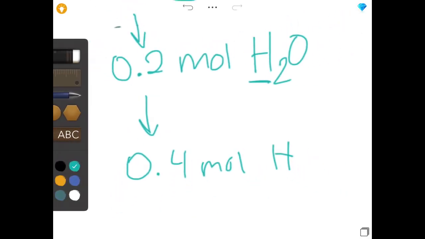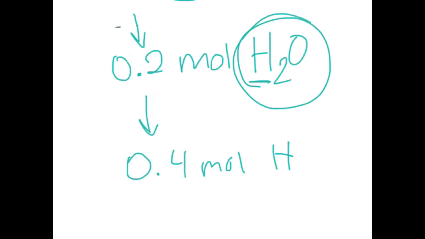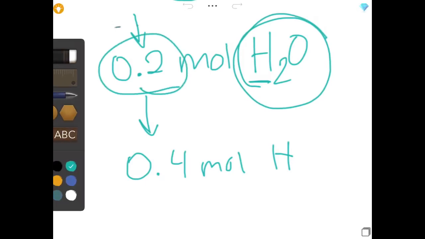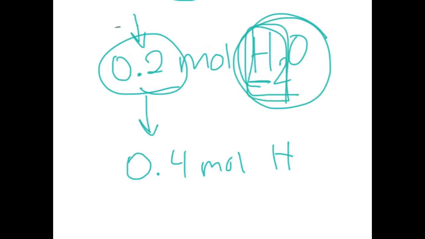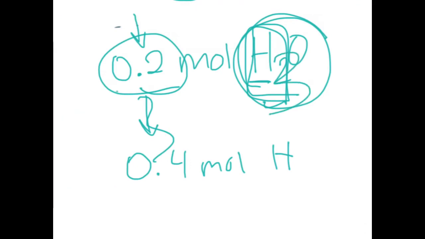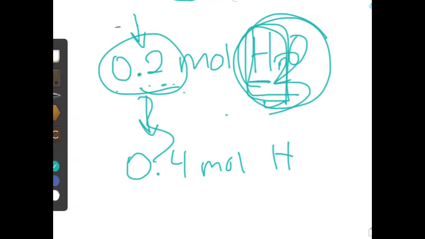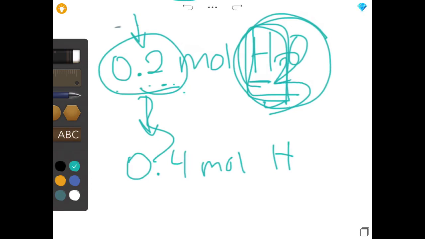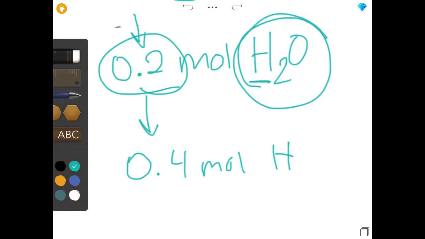See, in one water there is 0.2 mole, but there are 2 hydrogens, so you double it. If there were 3 hydrogens, it would be 0.2 multiplied by 3, like that. It depends on how many hydrogens you have.